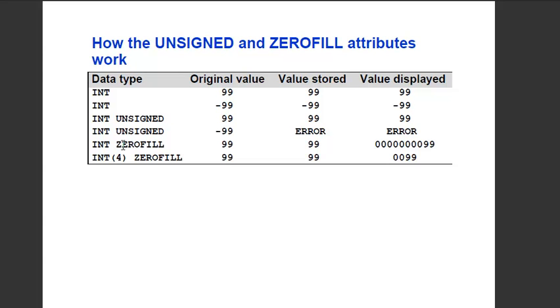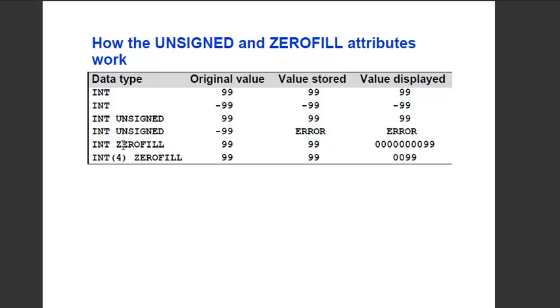So if you have an insert statement, you provide a number, let's say 100. Now there might be situations in which you would like to display the integers with the space padded with zeros. So if you have a number that is smaller than the maximum number allowed for that type, you can pad that space with zeros.